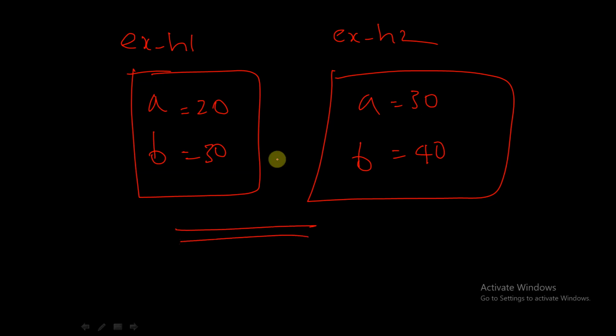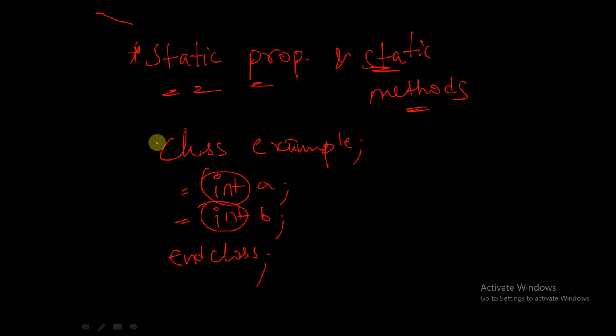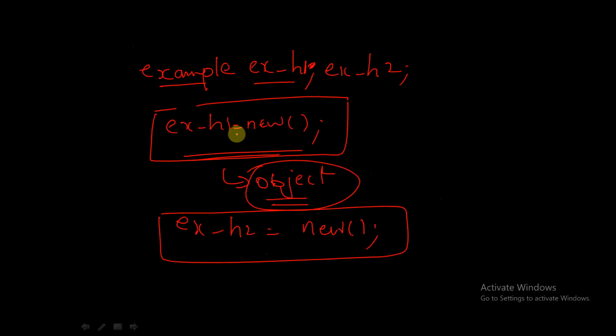Now, this is about a normal class example. But if we declare any property as static, static int a and static int b, then we may create n number of handles for this particular class.